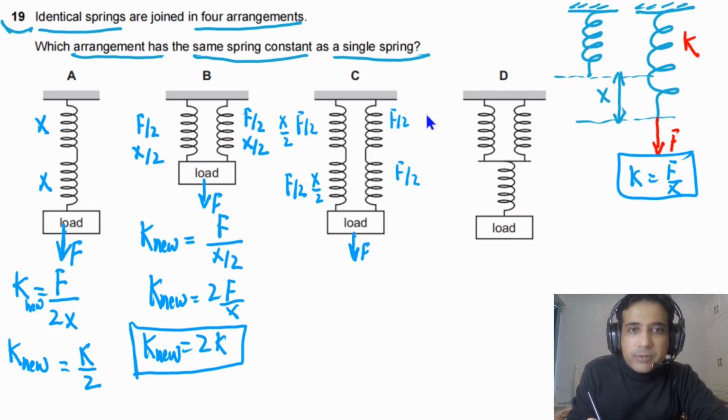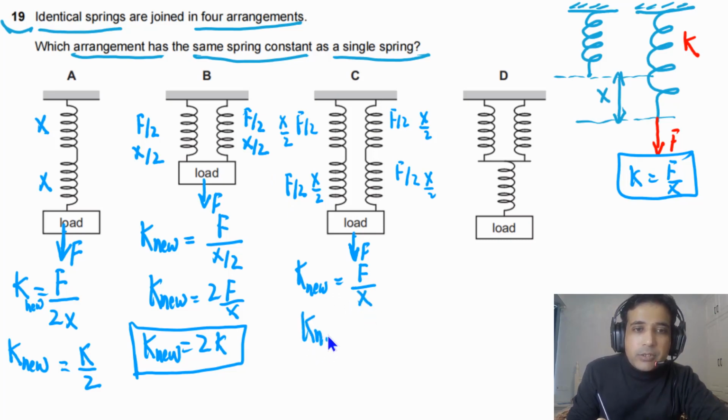So what is the total extension? Total extension will be X by 2 plus X by 2, which means X. So K new will be equal to the total force divided by the total extension, which is X. So K new is equal to K. So this one is the right answer for this question. So it means C is the right answer.